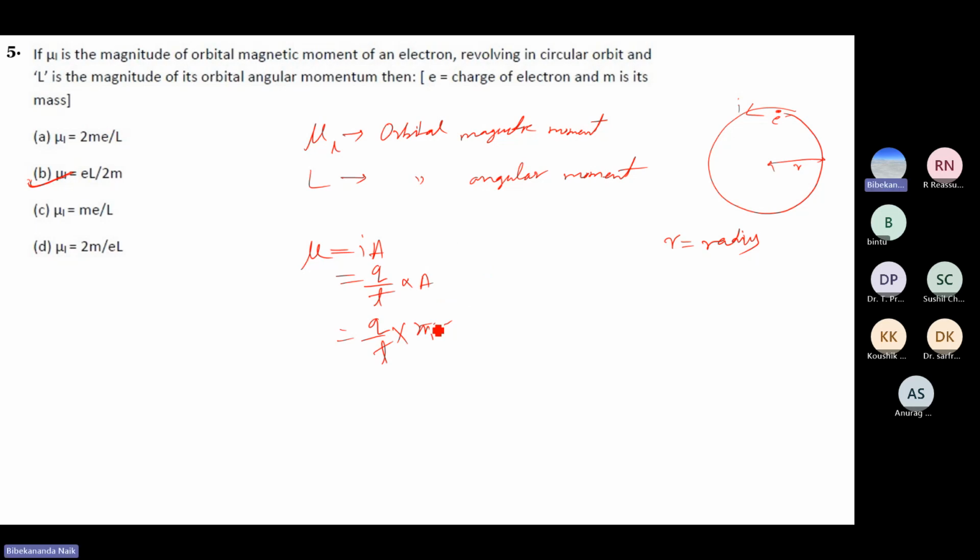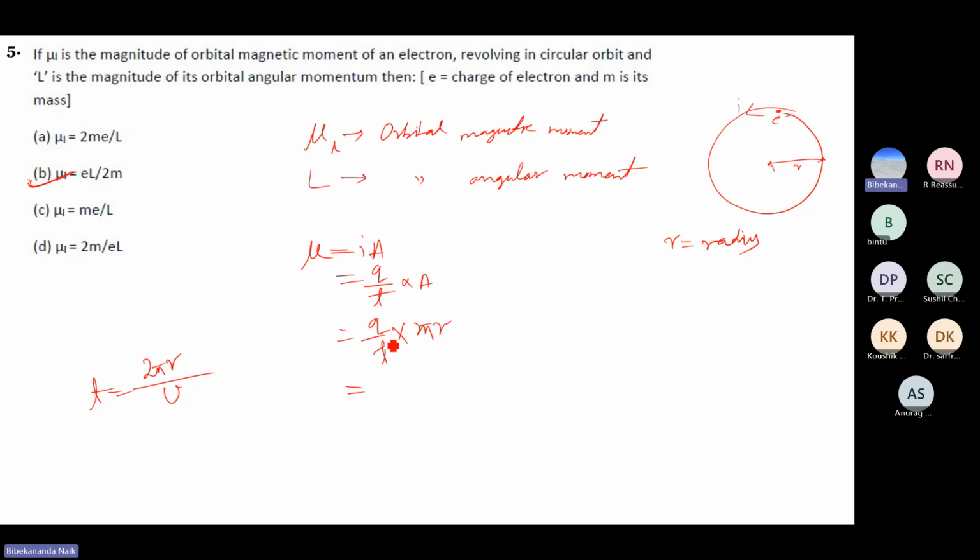So now let's first calculate the time period. What will be the time period? The time period T will be circumference divided by speed. So circumference is 2 pi R and speed is V. Is not it? So if you calculate, what will be the value of mu?